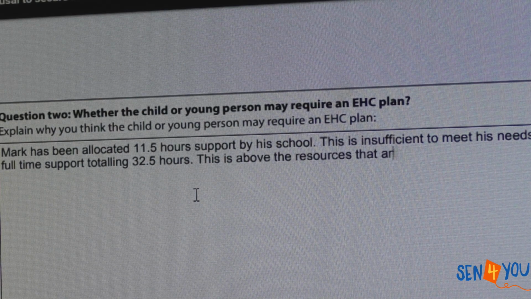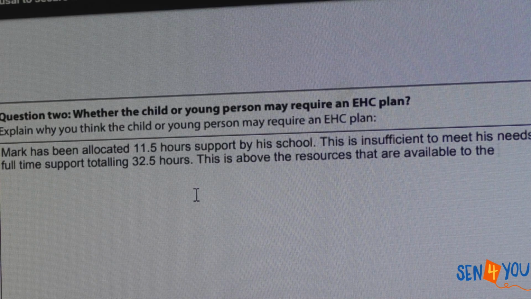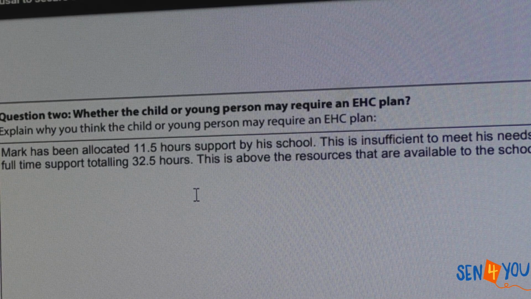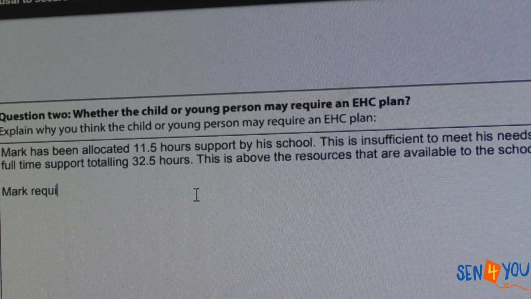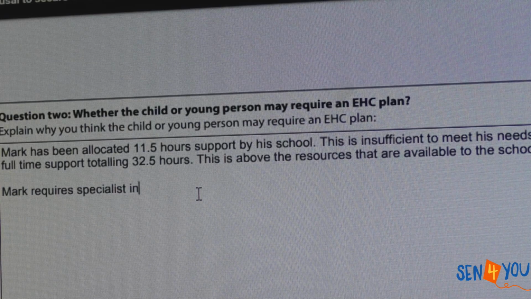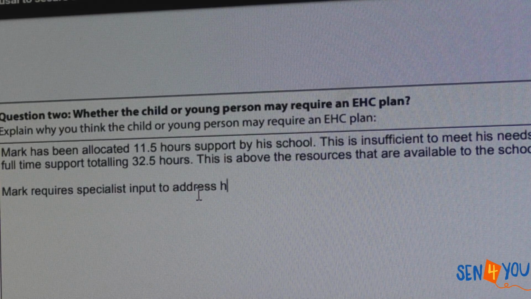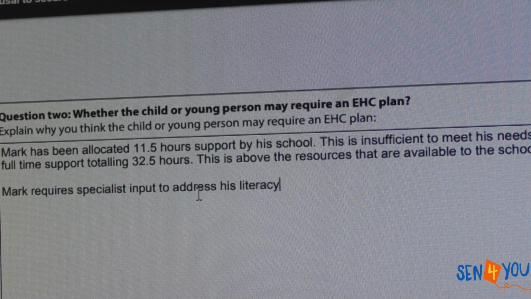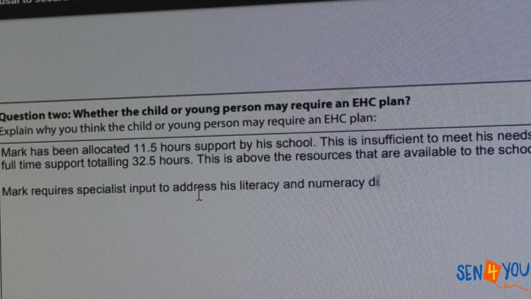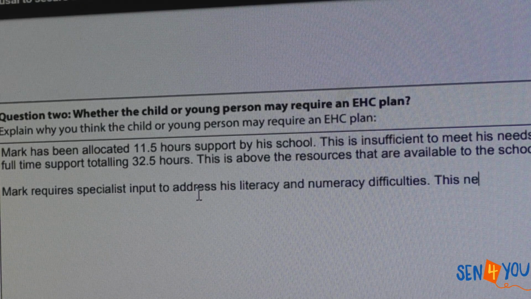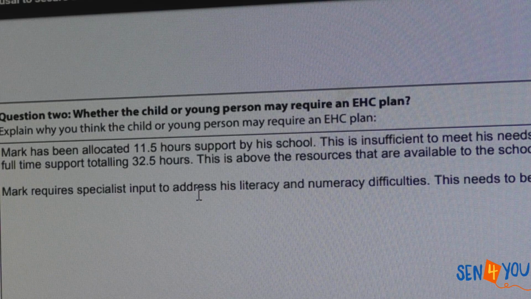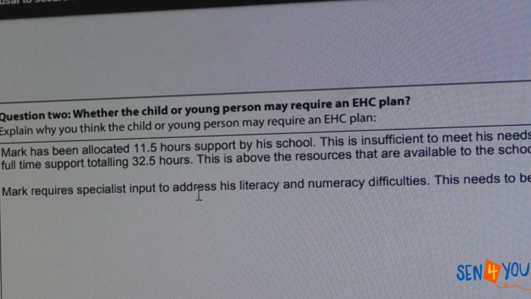that are available to the school. And you might also then talk about, you know, Mark requires specialist input to address his literacy and numeracy difficulties. This needs to be timetabled and quantified.